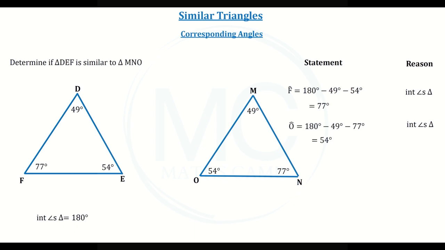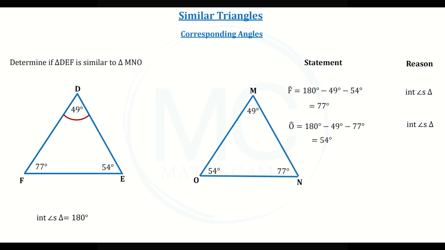Now, each triangle has an angle of 49 degrees, an angle of 77 degrees, and an angle of 54 degrees. So these could be similar triangles, but in order to prove similar triangles, we need to show that corresponding angles are equal. D is the first letter in DEF. So let's mark angle D in red.